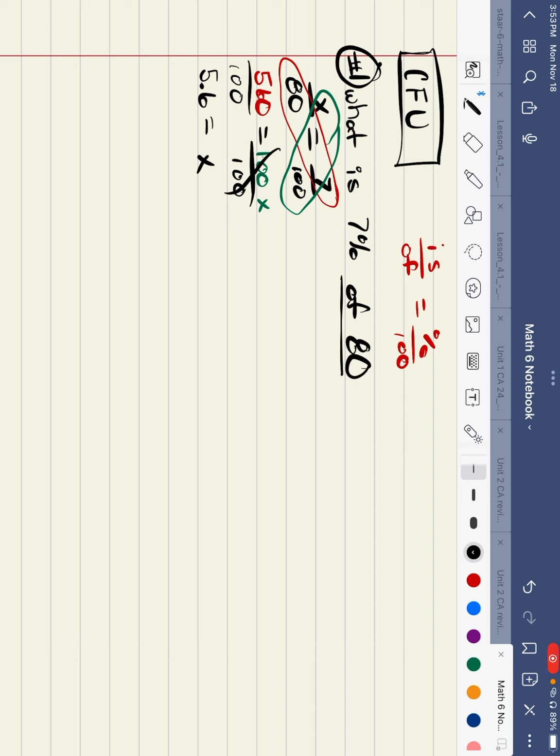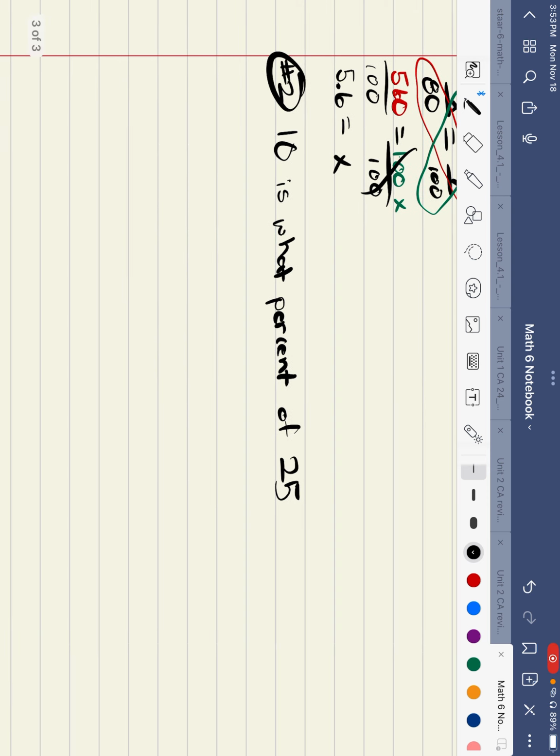Our next two problems, number two, is gonna be 10 is what percent of 25? Okay, that's gonna be our second problem. We set that up.